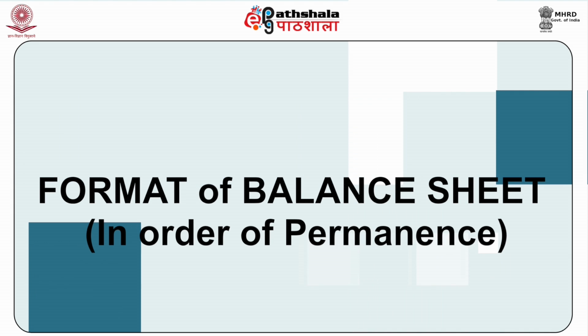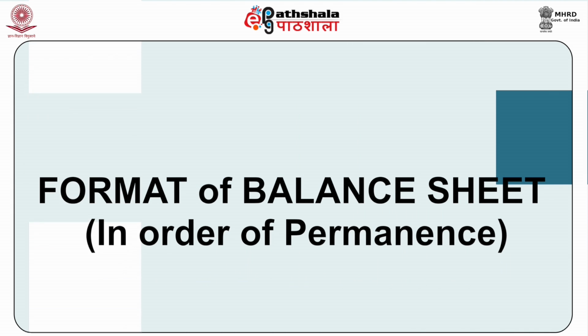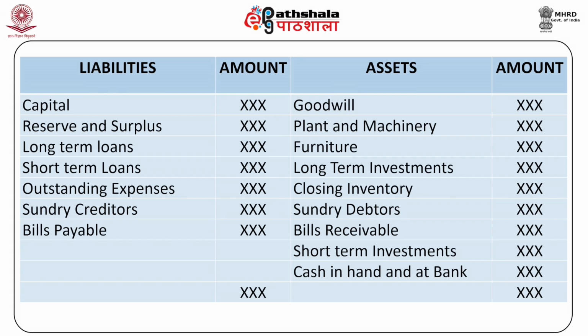Format of balance sheet in order of permanence. Permanence means the permanent, that is the least liquid item, is shown first and the most liquid item is shown last. You will observe from this format that the items are just the reverse of what is shown in the above format.